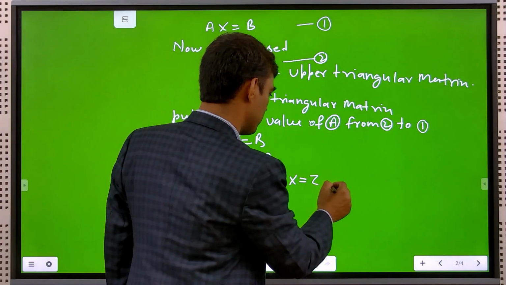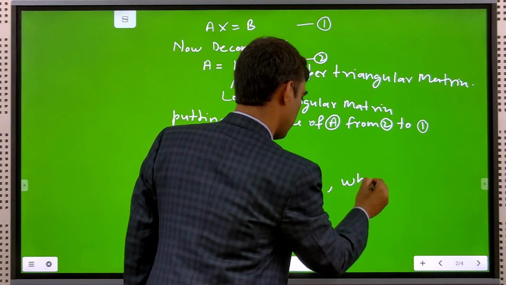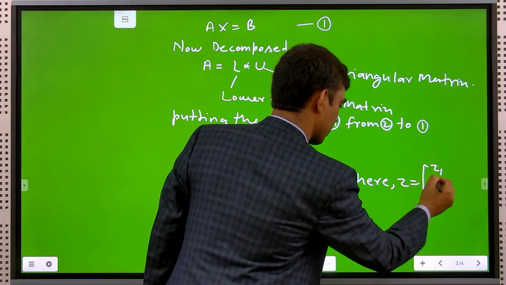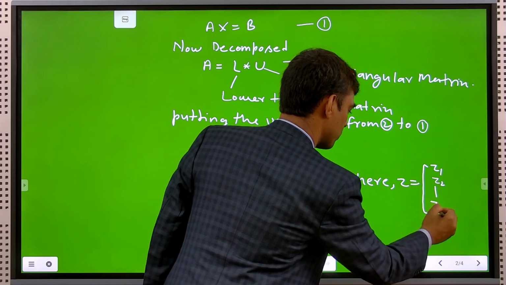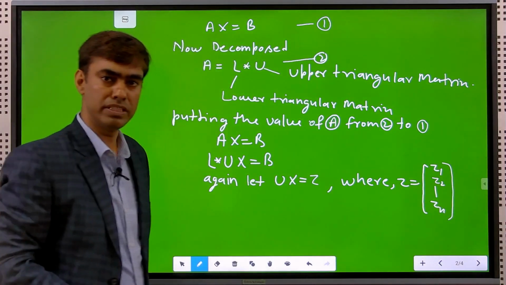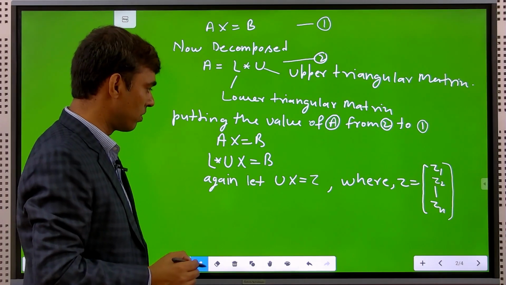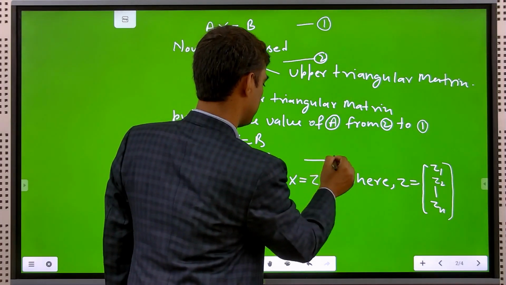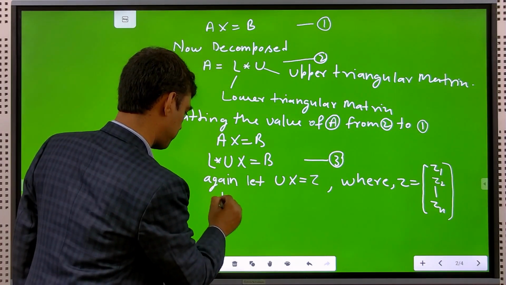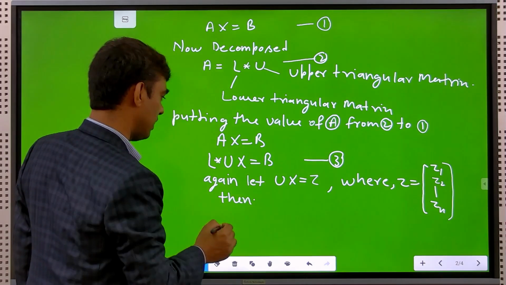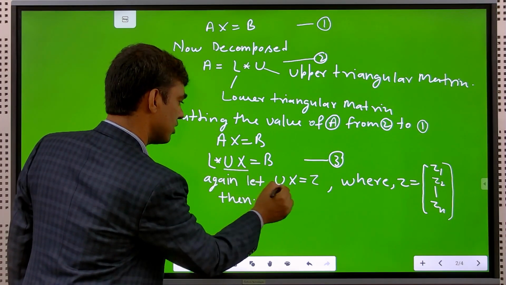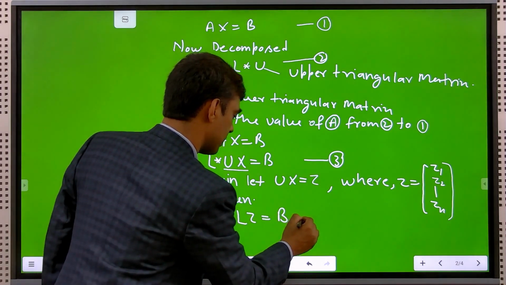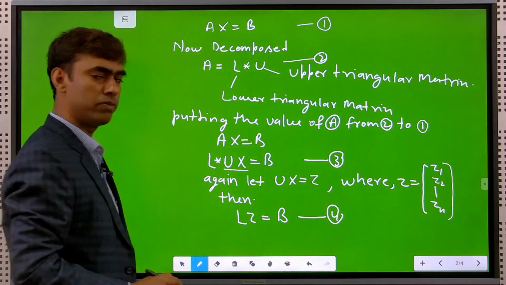Suppose this is equation number 3. If we put Ux equals Z here, then this becomes Lz equals B. Suppose this is equation number 4.